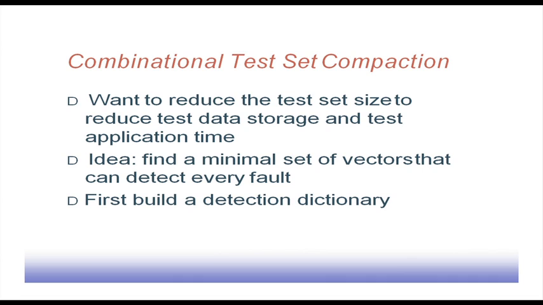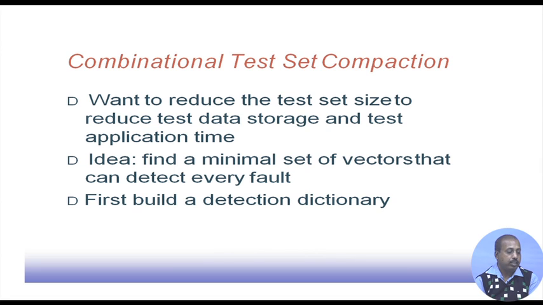If the test set is big, then it needs to be stored on bigger storage, and also the transfer time from ATE to chip is going to be high. So, test application time increases and test data storage increases, as a result the test cost increases. So, if we can reduce the test set size, then these factors will come down. So, what we need is to find a minimal set of vectors that can detect every detectable fault, definitely.